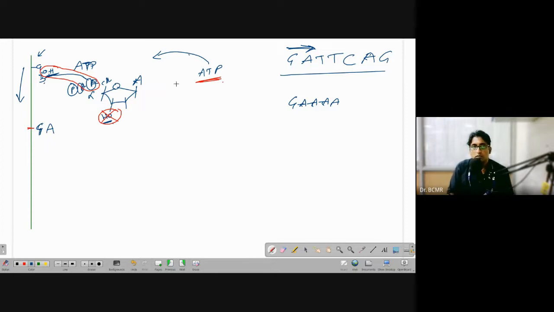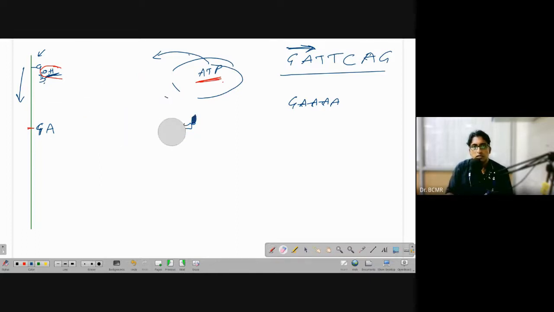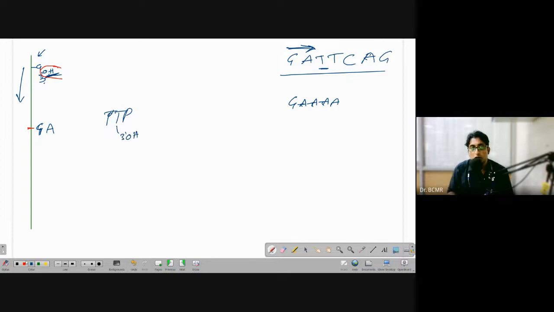Now, after this treatment, we would have washed the column and removed all the unbound ATP, everything we would have removed. And now we have to synthesize something else. We need to add a base, and that is the T. So we will add TTP, whose 3' OH is blocked.